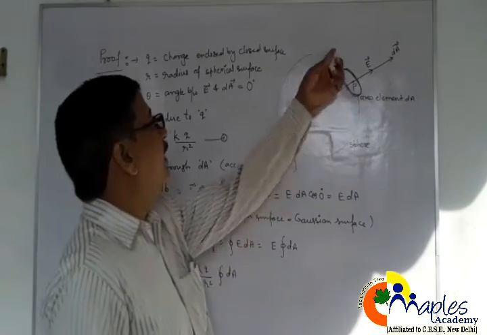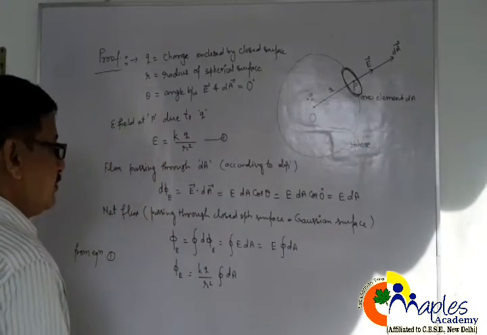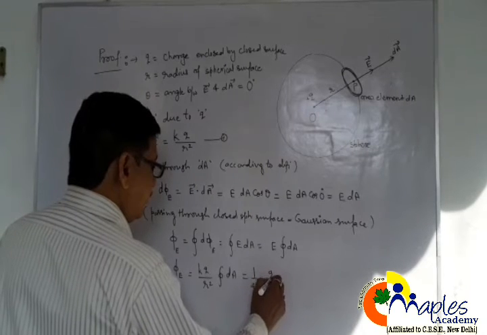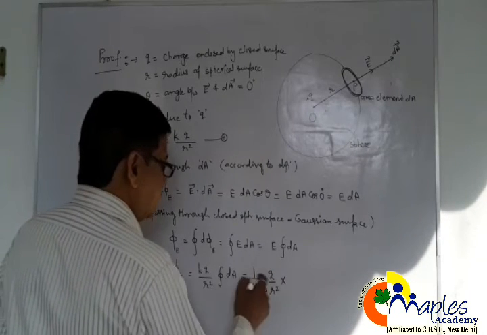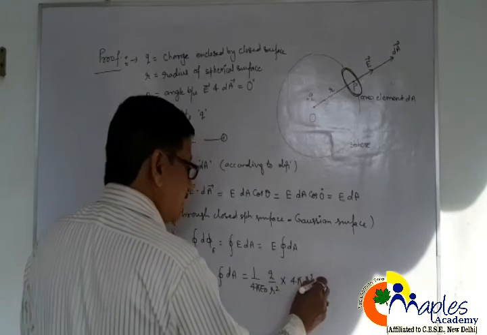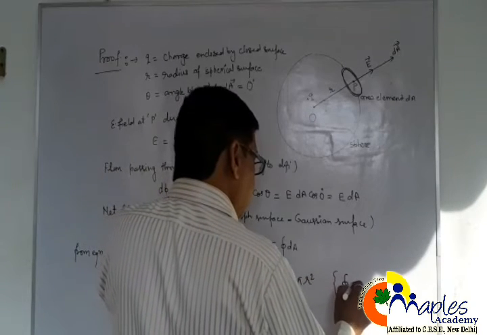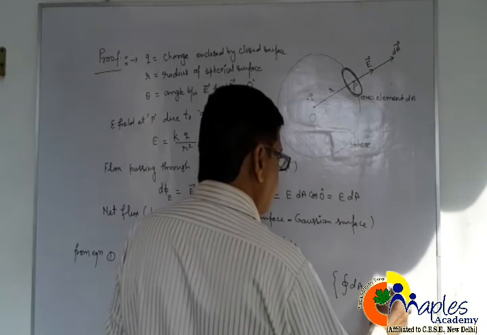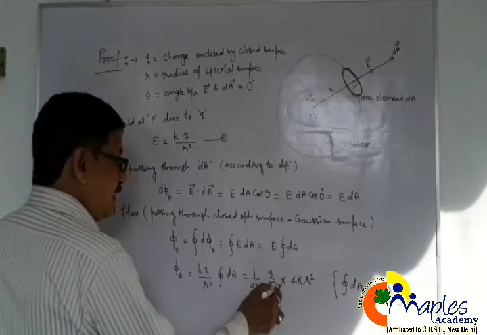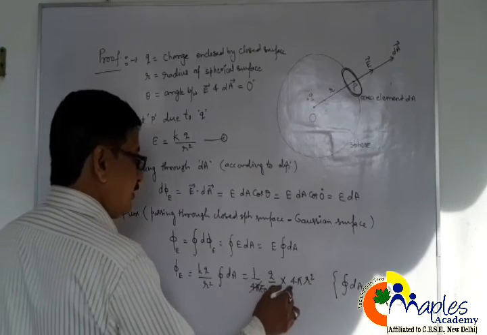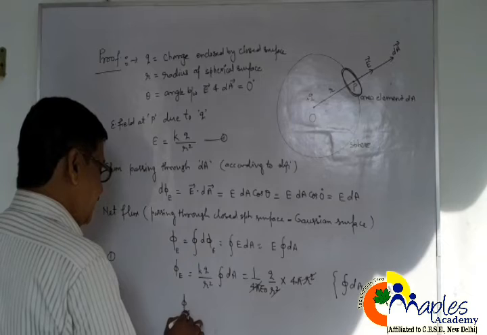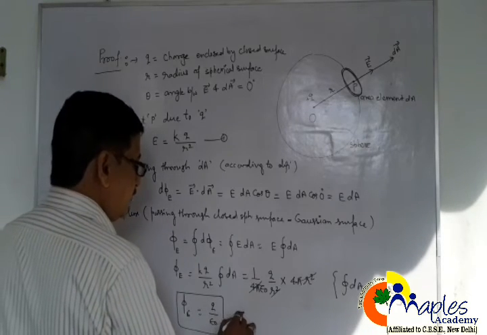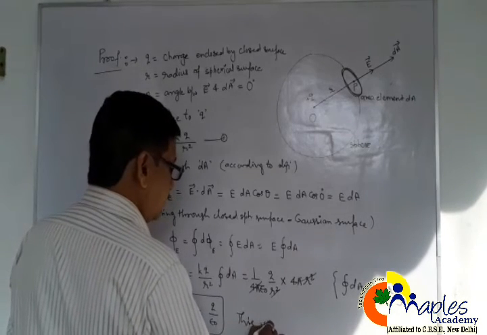Integration dA means the area of this spherical Gaussian surface, as K equals 1 by 4 pi epsilon naught, Q upon R square, and this is 4 pi R square, because integration dA equals area of sphere 4 pi R square. 4 pi R square is cancelled, so phi E equals Q upon epsilon naught. This goes through.